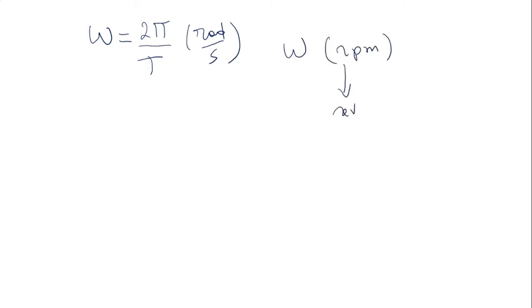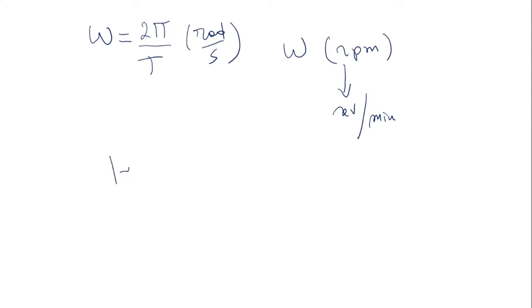Omega, which is the angular speed, is given by 2 pi over t and is in radians per second. You can see sometimes omega in RPMs. R means revolution, P means per, and M means minute.